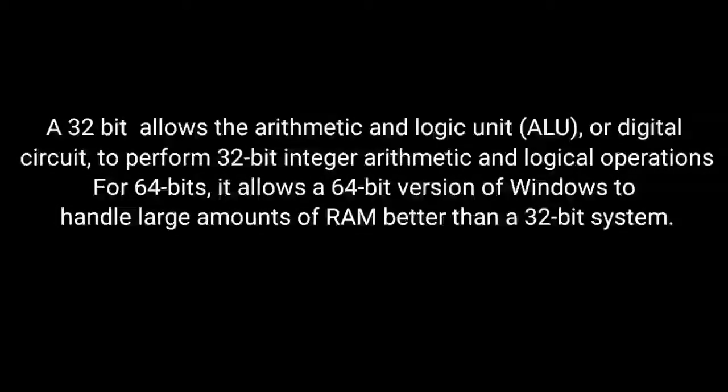A 32-bit allows the arithmetic and logic unit or ALU or digital circuit to perform 32-bit integer arithmetic and logical operations. For 64 bits, it allows a 64-bit version of Windows to handle large amounts of RAM better than a 32-bit system.